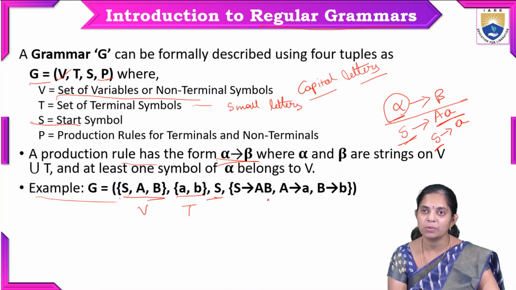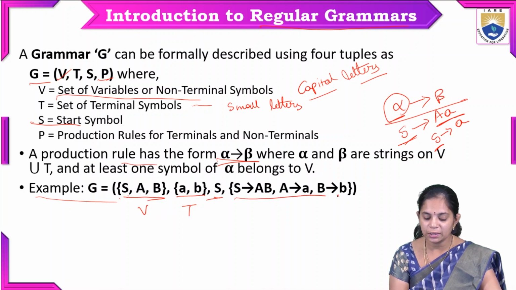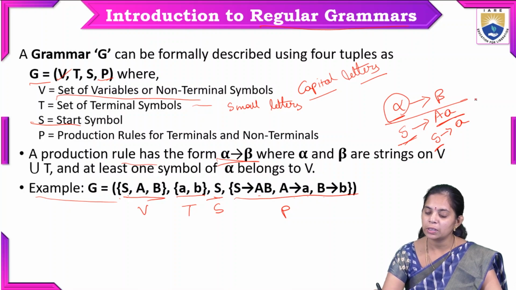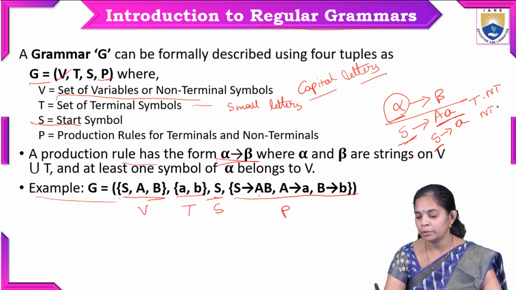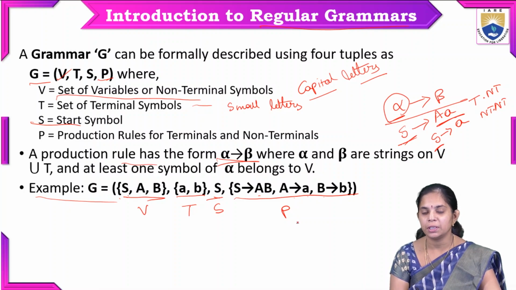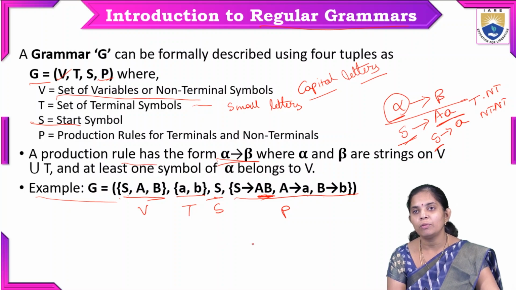Here the production rules are S tends to AB, A tends to a, and B tends to b. We discussed terminal and non-terminal combinations, but a non-terminal and non-terminal combination is also accepted on the right hand side. So this is an example of a grammar.